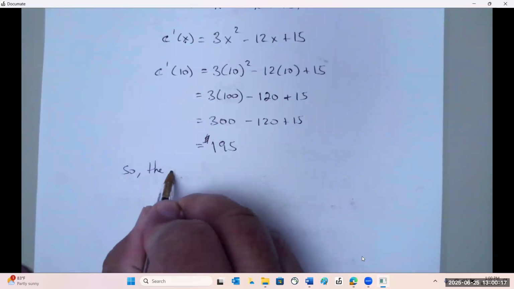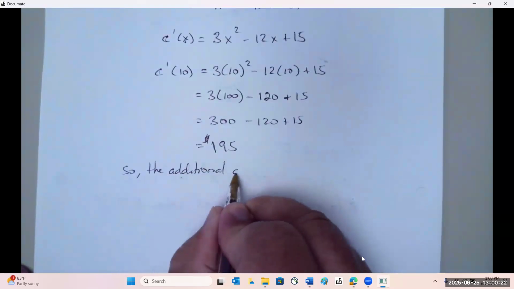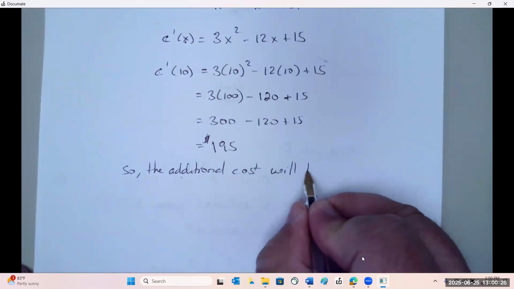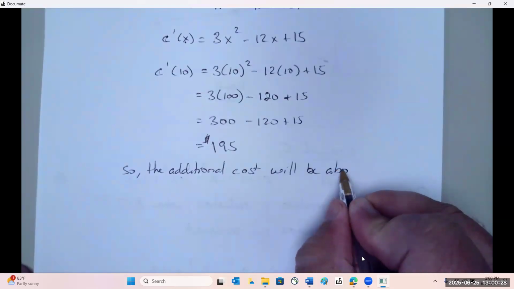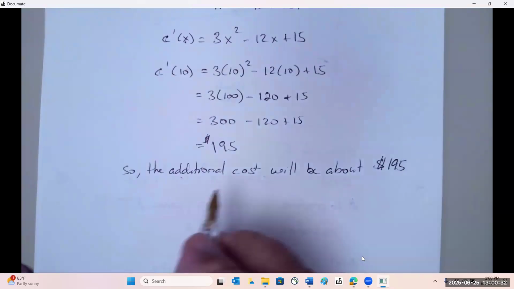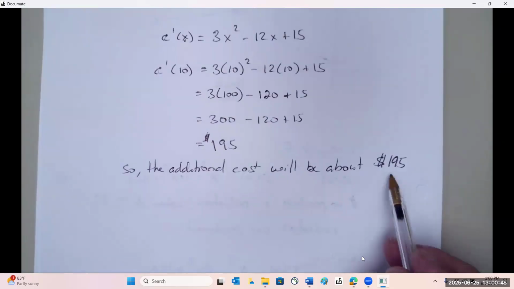So the additional cost will be about $195 to produce one more. So it's going to cost us that.